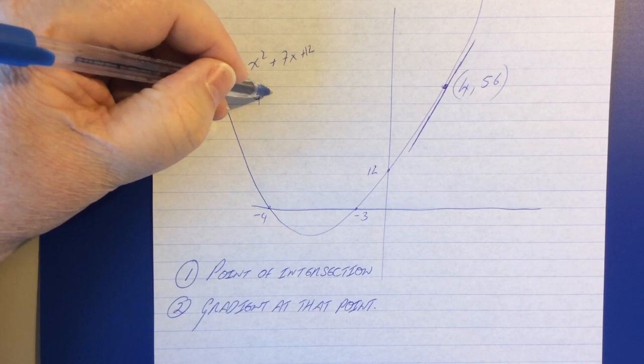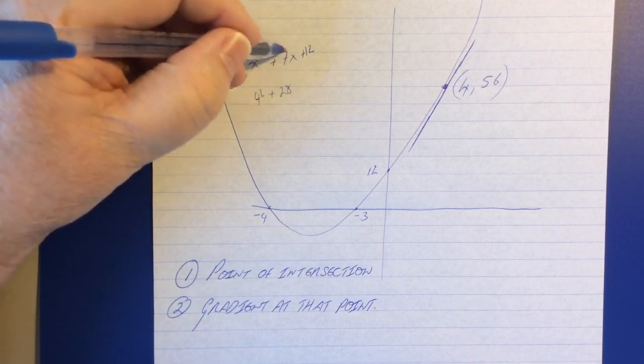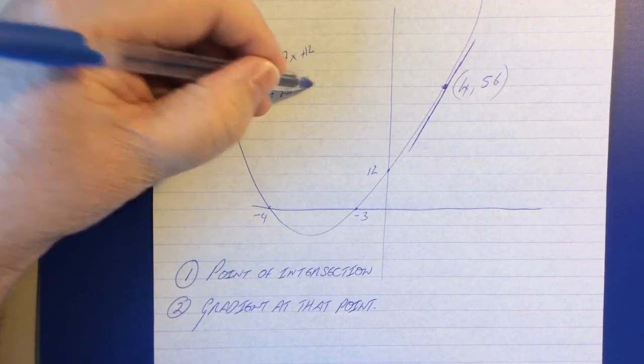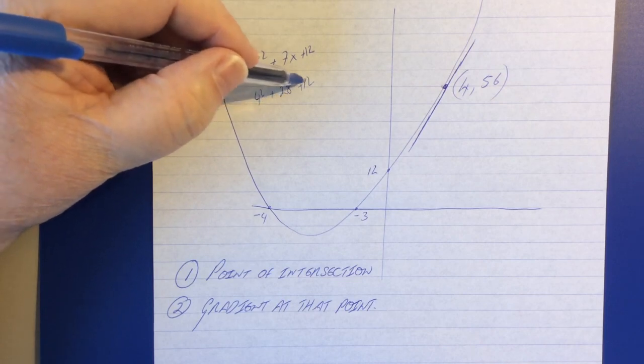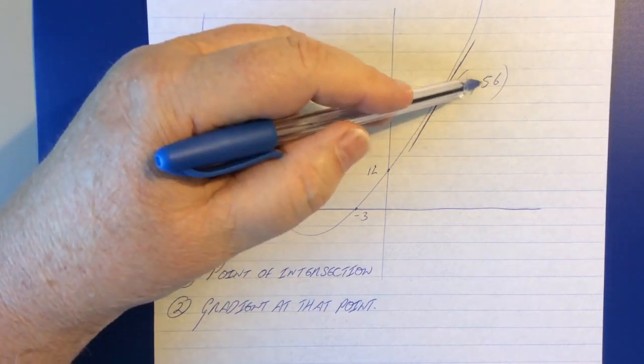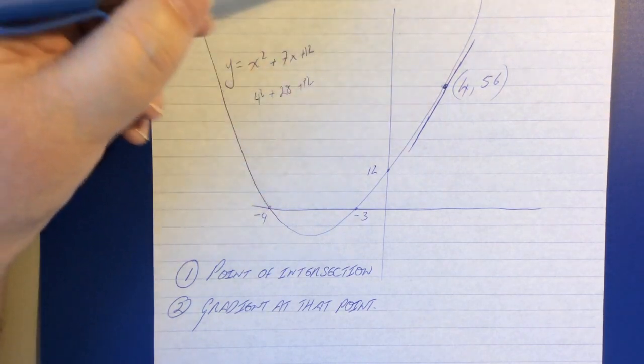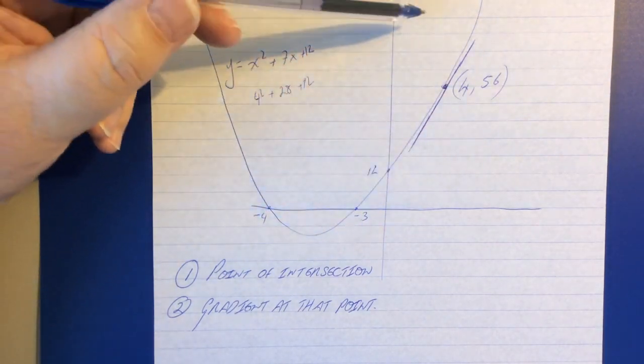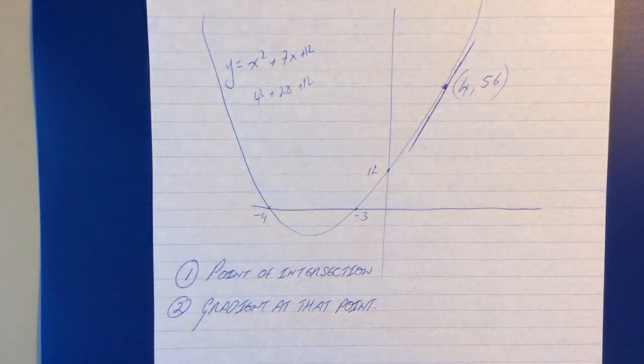So that's 4 squared plus 28, which is 4 times 7, plus 12. So that's 12 and 28, which is 40, plus 4 squared, 16, which gives me 56. That's this point here.